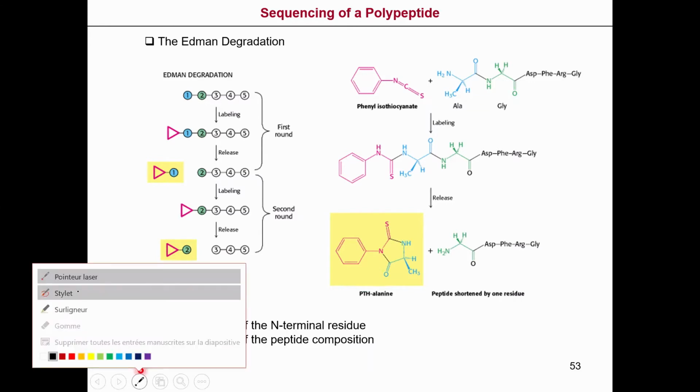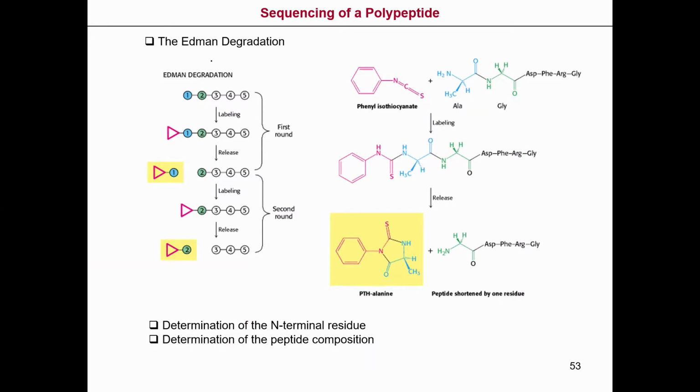Okay. So with this technique, the Edman degradation, usually you have the amino acid sequence of only 50 residues in a protein.